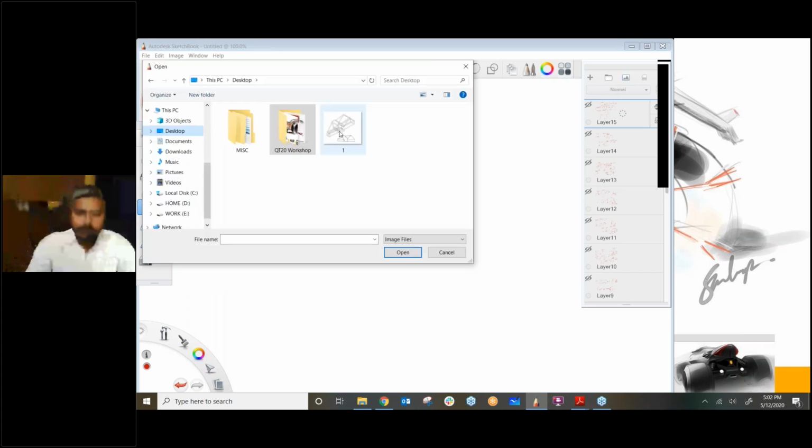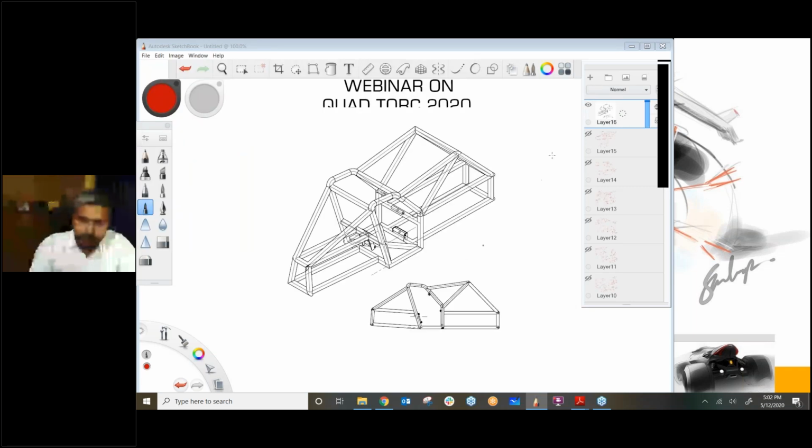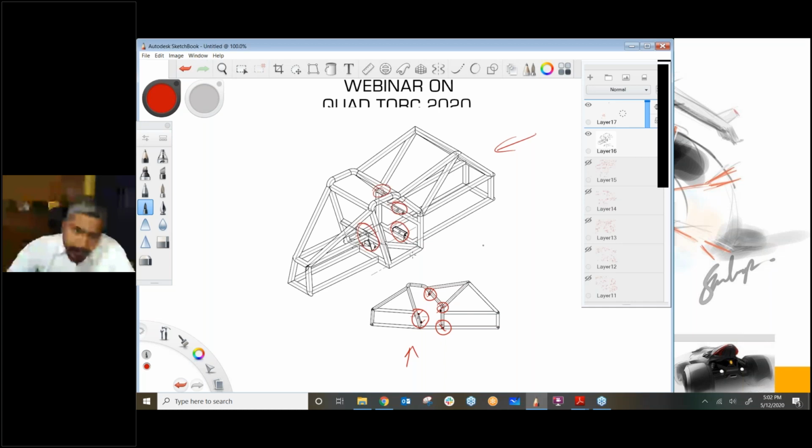Let me import it into the software so that I do not need to draw the images again. Okay, we'll do the lateral load transfer first.